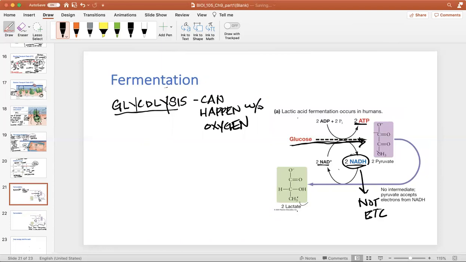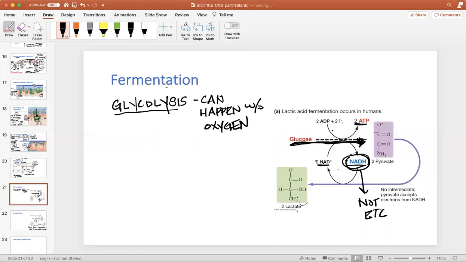So we have a problem. To keep this process going, we need to have some way to take these NADHs and turn them back into NADs so that we can have glycolysis go, make some ATP, turn this back into NAD, have glycolysis go, make 2 ATP, turn this back into, you see what I'm doing here?